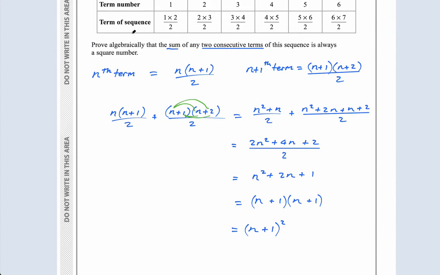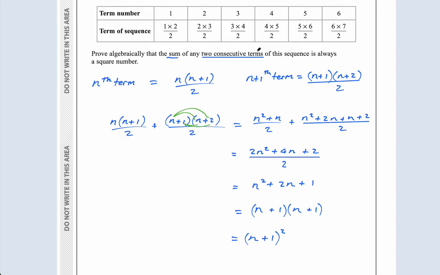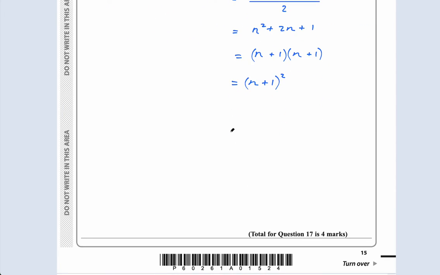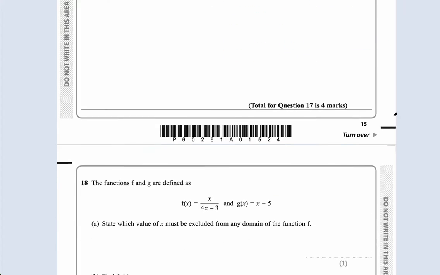Remember, we were asked to prove that the sum of any two consecutive terms is always a square number, and that is what we've done. Hence, therefore, always a square number. Put in a final statement at the end. Always a square number.